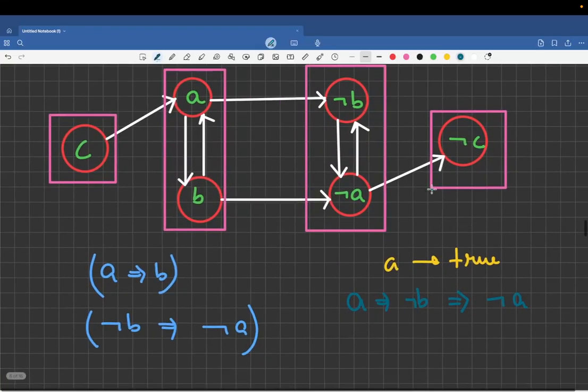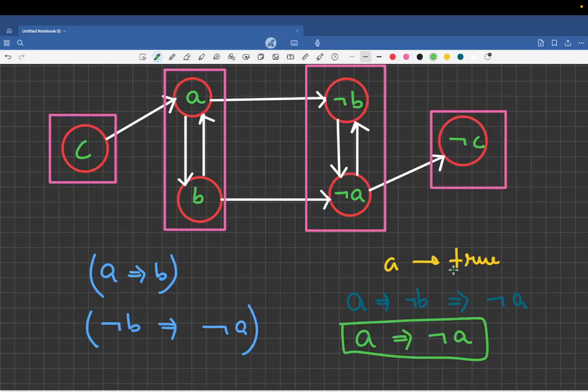So you can actually say that a implies not a. So in this case, if we assign the variable a as true, this means the left hand side becomes true. So the right hand side should definitely be true, but the right hand side can't be true. Because for the right hand side to be true, you want the value of a as false, but we have assigned a as true. So you have to carefully assign the values, right?